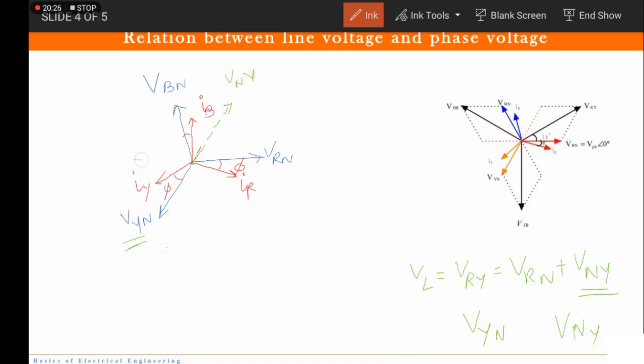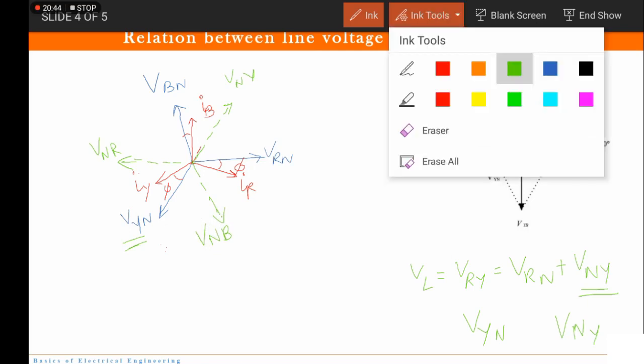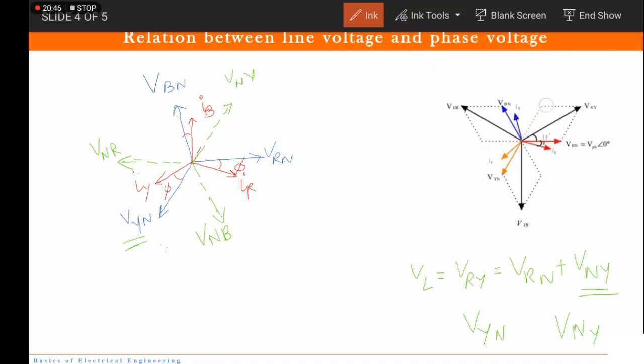Similarly, I will extend all the voltages in the opposite direction. So this becomes VNR. Similarly, this becomes VNB. Fine. Now I will calculate the equivalent. The equivalent will be the resultant of these two.